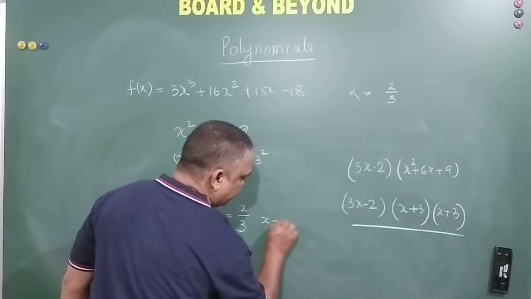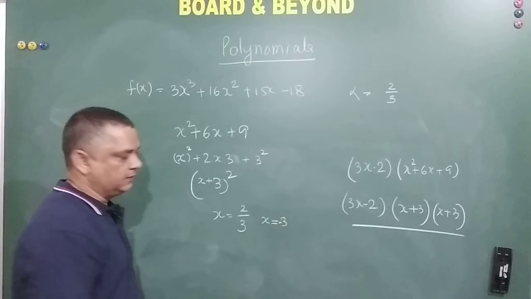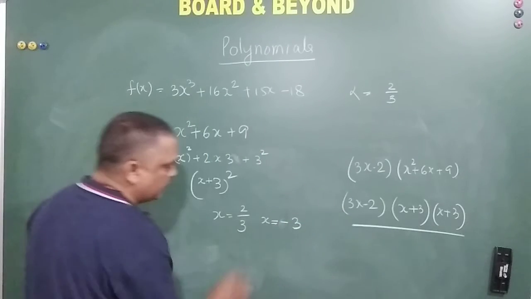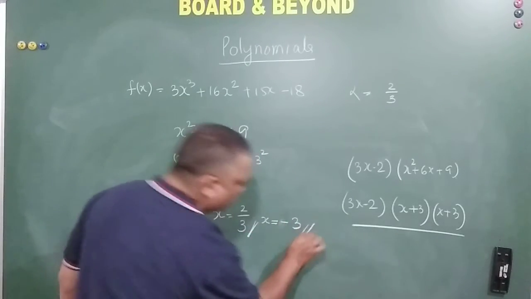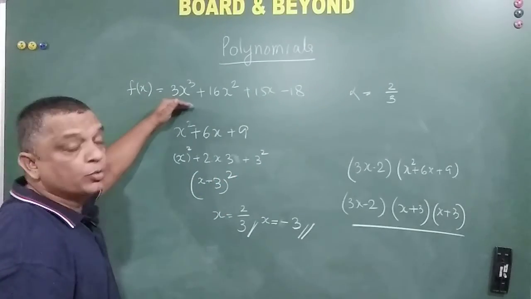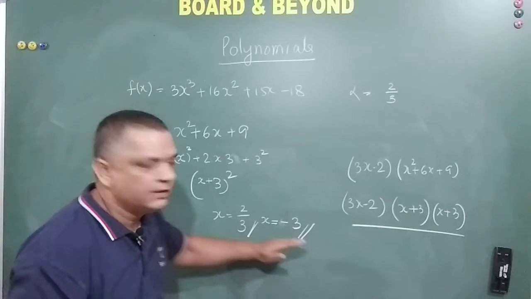If we equate the other, we get x is equal to minus 3, and that is also minus 3. So the two roots for this cubic equation are 2 by 3 and minus 3.